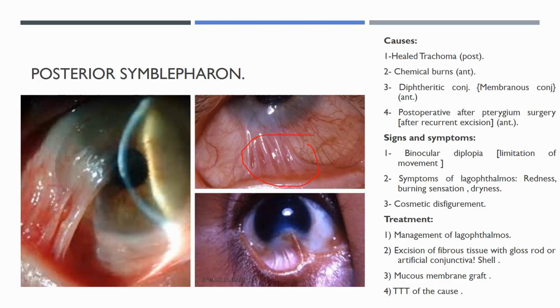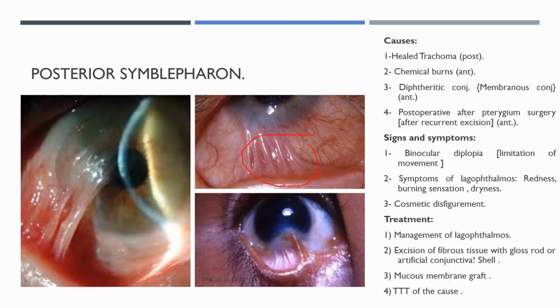Usually when the patient tries to look to any side, there's a restriction of movement which can cause binocular diplopia. He can see double vision, and there are some symptoms of lagophthalmos, because sometimes it cannot close the whole palpebral fissure, and also there's a cosmetic disfigurement.